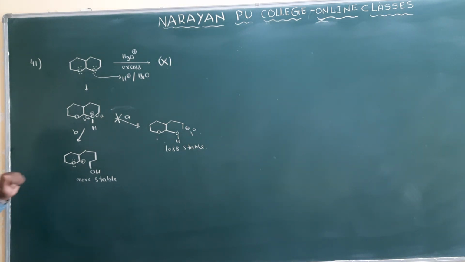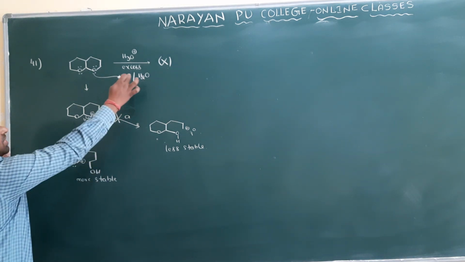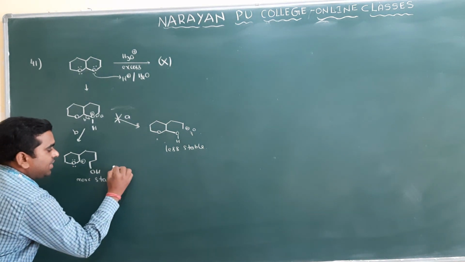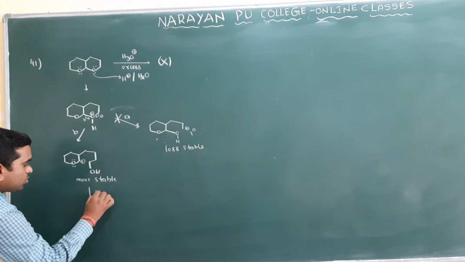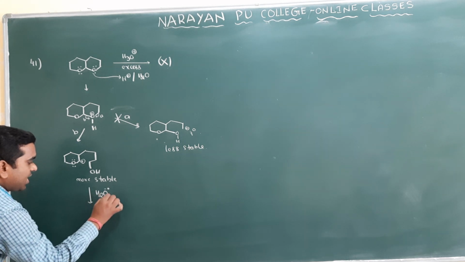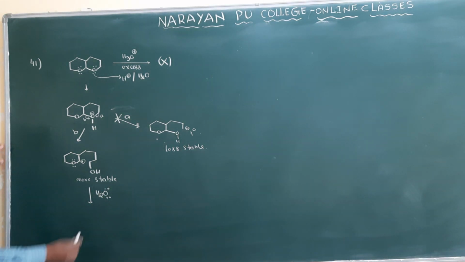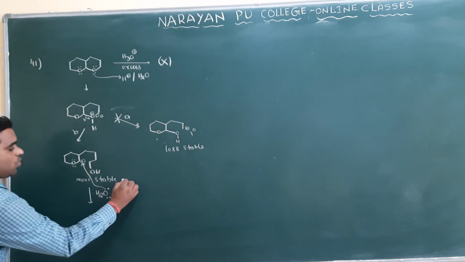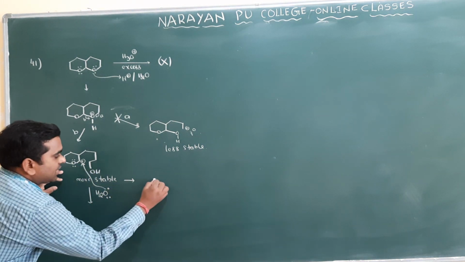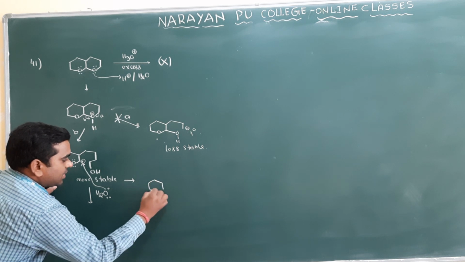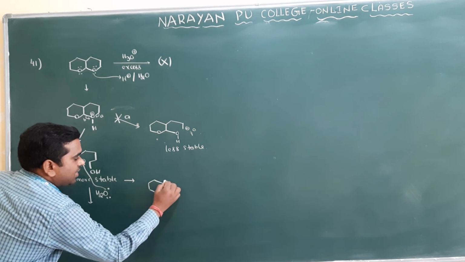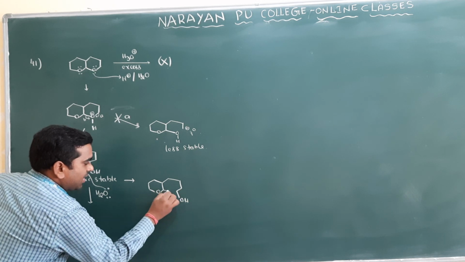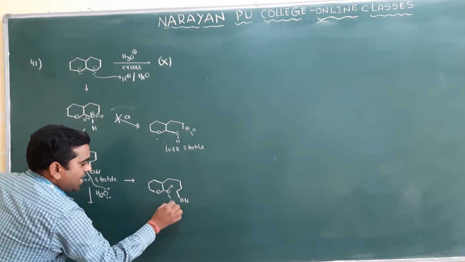Now the carbocation is formed. After that, they have given water, and water will be added here. I will write H2O. You already know that oxygen has a lone pair of electrons and it attacks this carbocation. Then you will get the compound with an oxygen, an OH, and here oxygen, hydrogen and hydrogen.